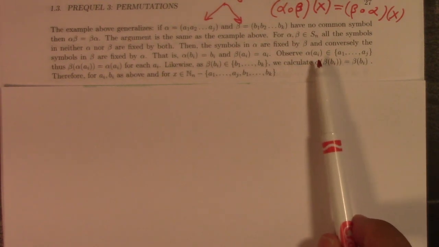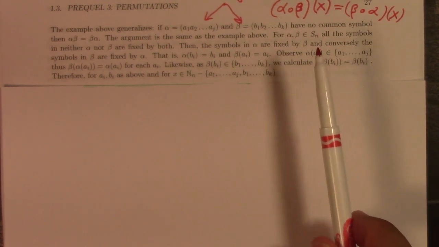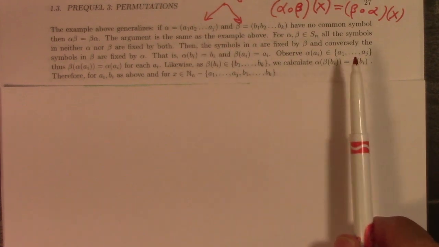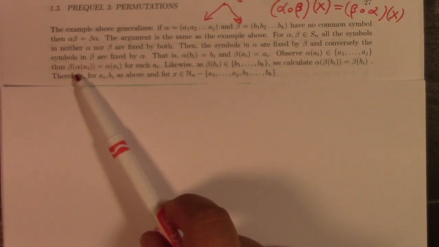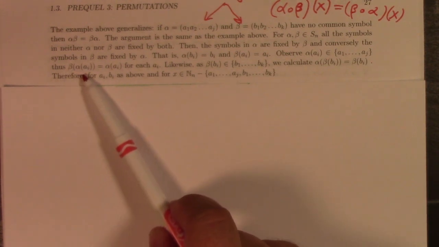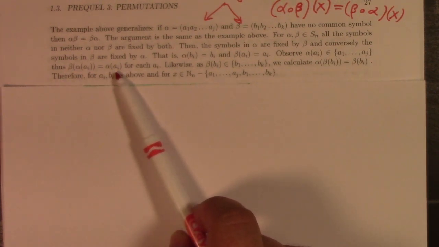On the other hand, of course, their image is still in the cycle. So alpha of a_i has to be one of these guys, and so it follows then that, for example, beta of alpha of a_i is equal to alpha of a_i.